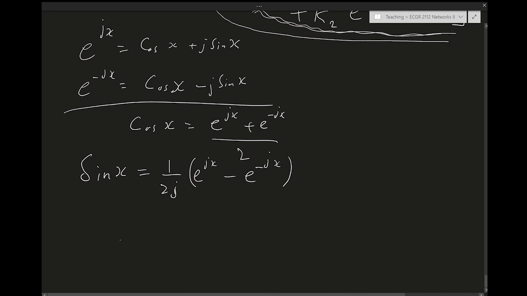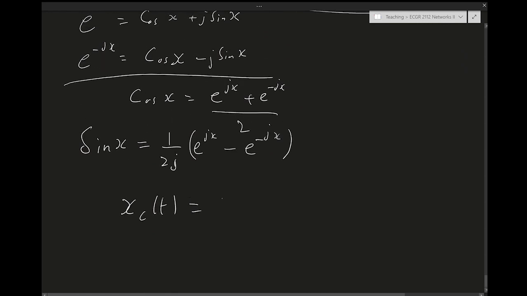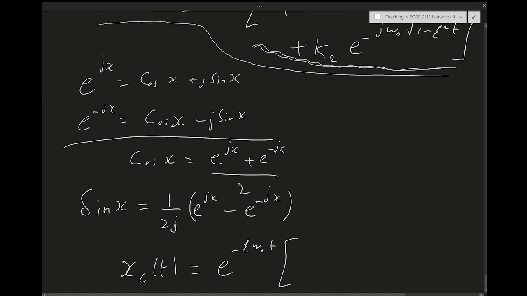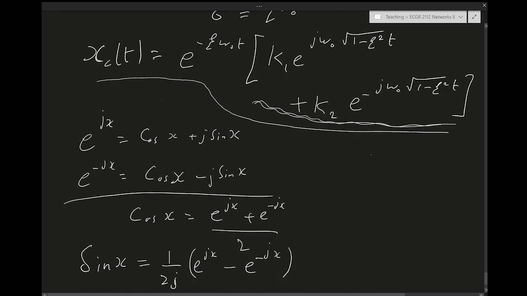So the real form of the complete solution, we can write as e to the minus sigma t, and we're just concerned with the real part. This kind of function will have a projection on the real axis, a bunch of sines and cosines, and a projection on the imaginary axis, also a bunch of sines and cosines. We're only going to take the real part because that's still a valid solution.